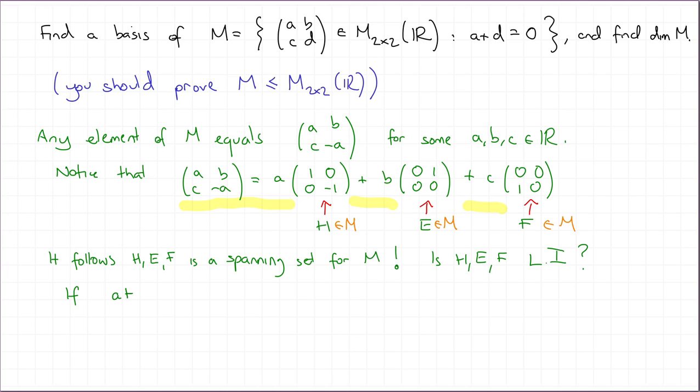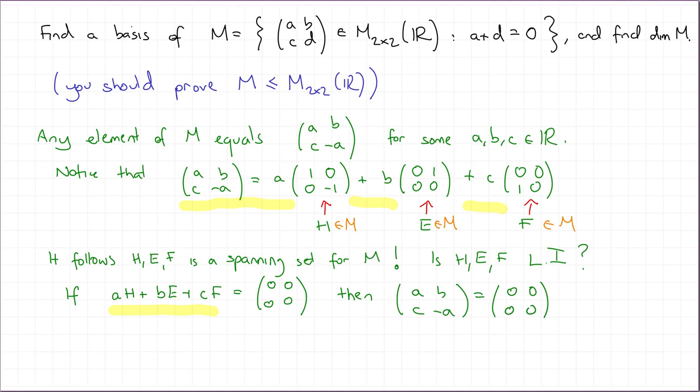If A times H plus B times E plus C times F is equal to the 0 vector in our vector space, which is the 2 by 2 0 vector, then just expanding this left-hand side, doing the matrix addition and the scalar multiplications, what we get out of that is A minus A, B, C equal to 0, 0, 0, 0. Okay, well then it follows straight away, right? A equals 0, B equals 0, C equals 0.